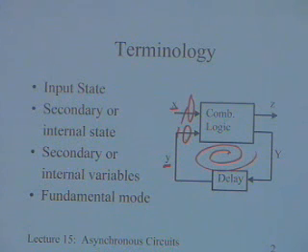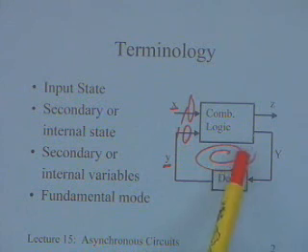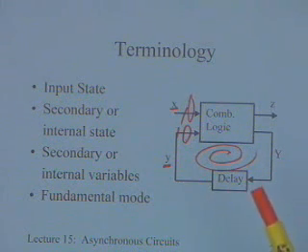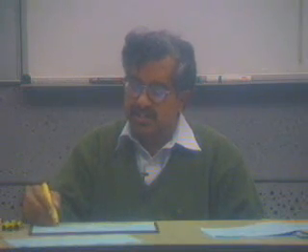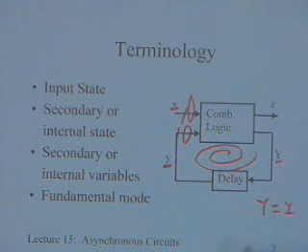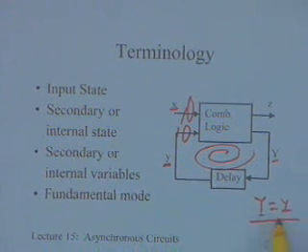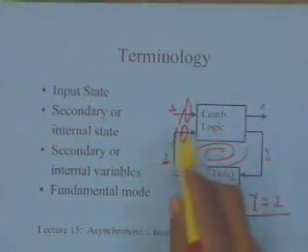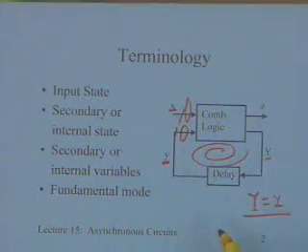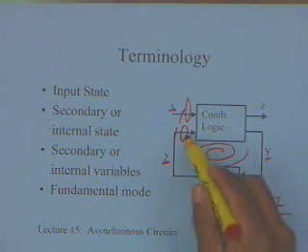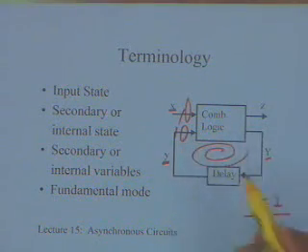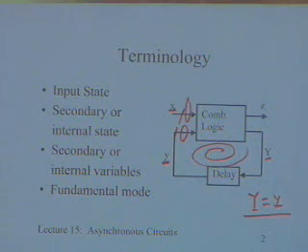Our design has to ensure that it does not go into what's called oscillations. After some time, after going through some transients, we finally reach a stable secondary state, and that stable secondary state is nothing but Y equals y. This is stable because once you reach this, no amount of change will initiate this, since it is actually the same, and so the transitions will come to a stop.